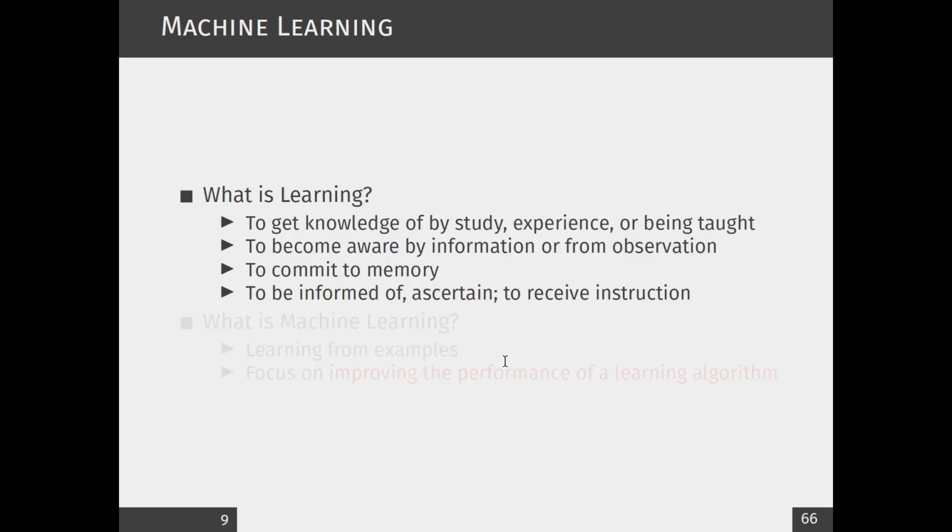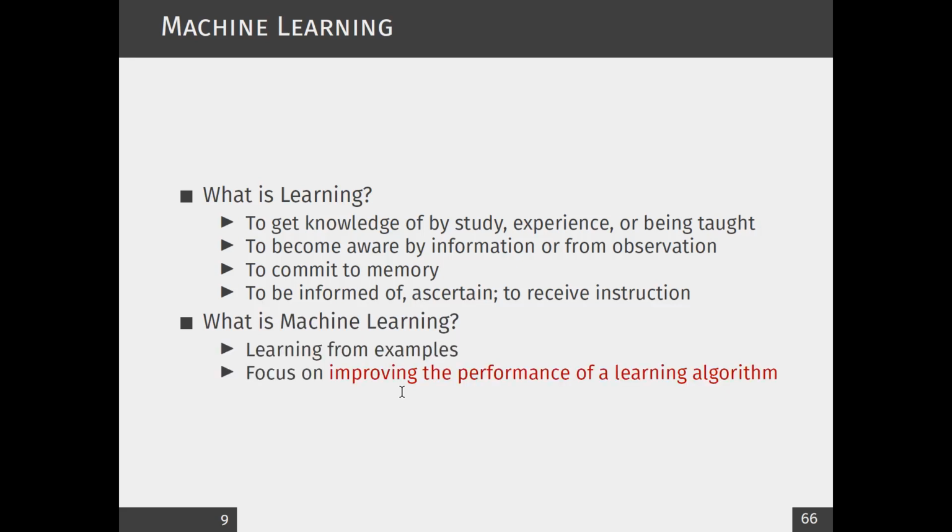So then what is machine learning, right? In simple terms, you might have seen people generally say it's learning from examples. When you want a computer to learn something, you present some examples. In our cat and dog problem, you are presenting cats and dogs, right?